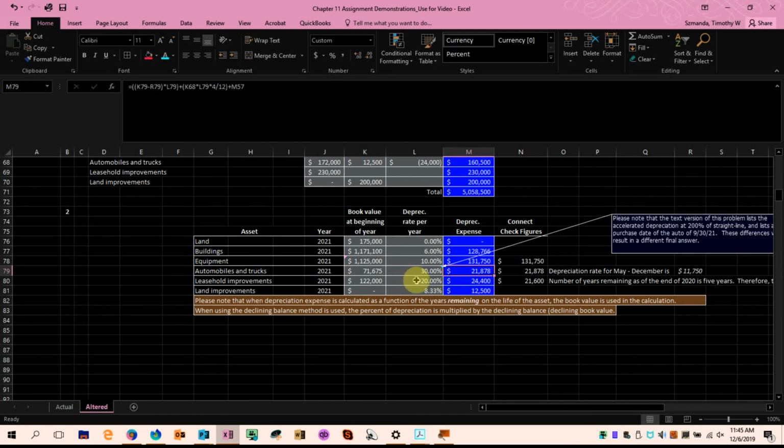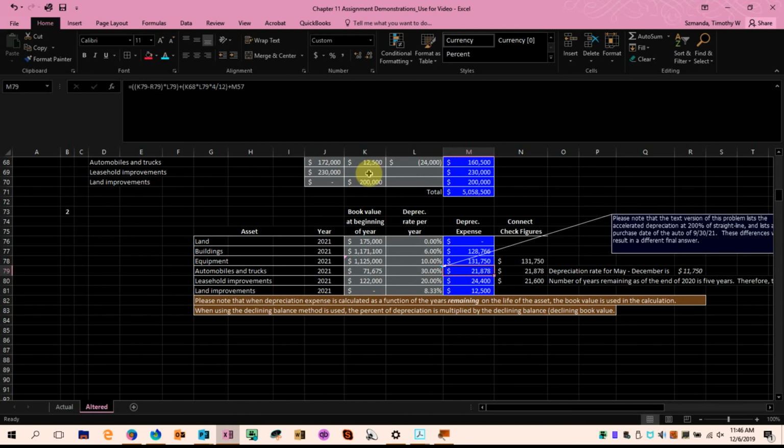However, if you notice, we added value of $12,500, and that is for the purchase of the new automobile. And so that's in part E. We have a new automobile purchased for $12,500, and you'll notice it was purchased at the end of August, according to Connect. Your text has September, but the Connect problem uses August.